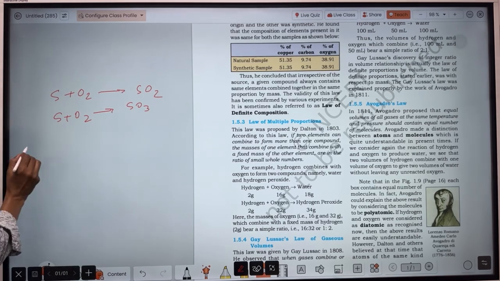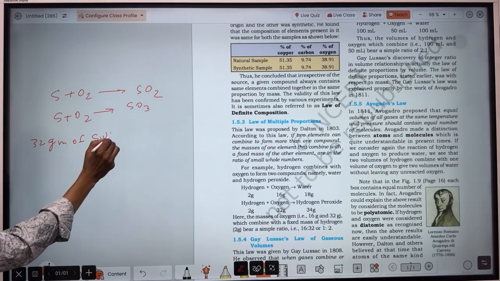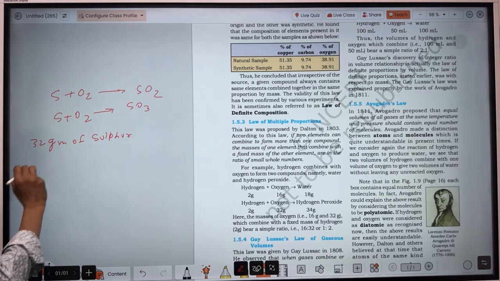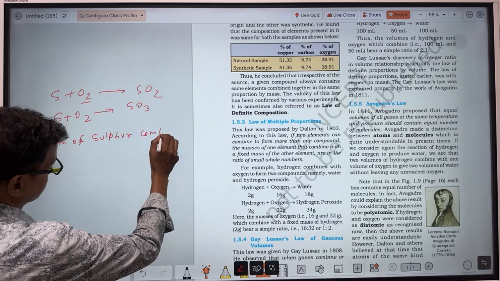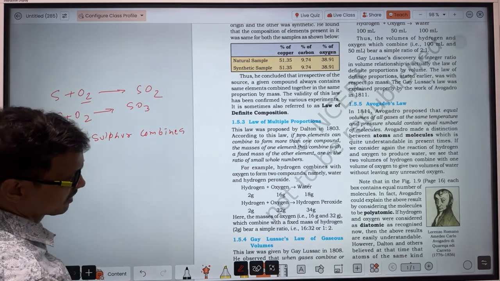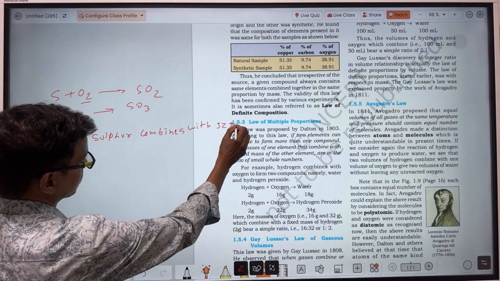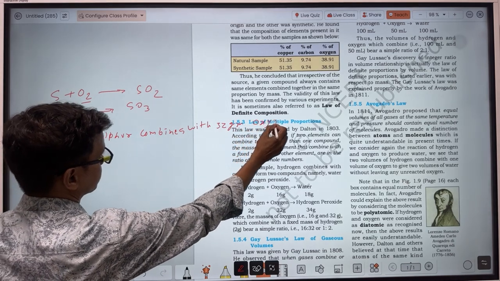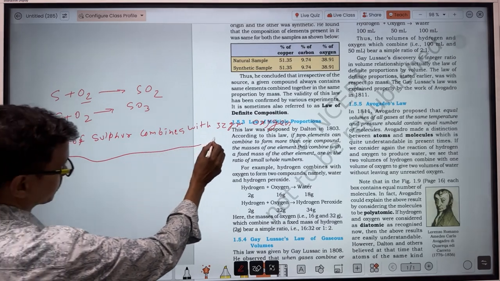So what happened? 32 gram of sulfur combines with how much? 32 gram oxygen. So 1 gram of sulfur will react with 1 gram oxygen.